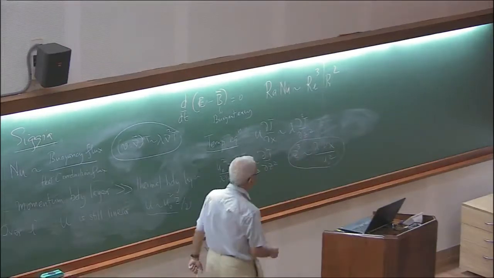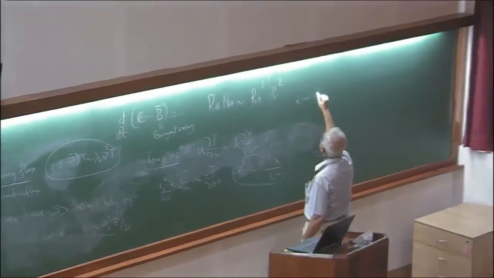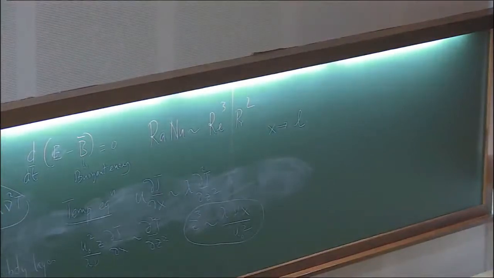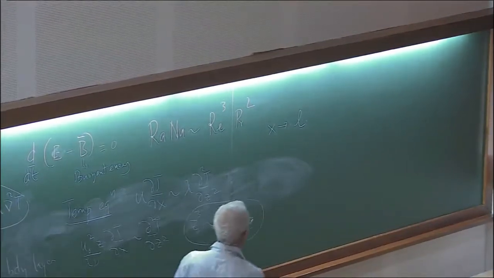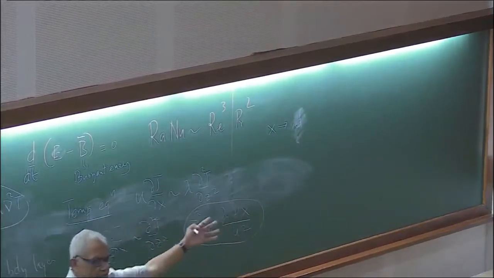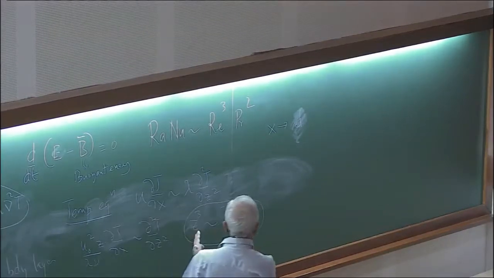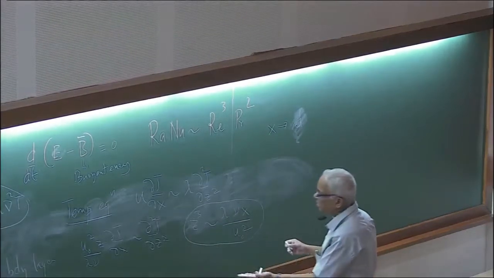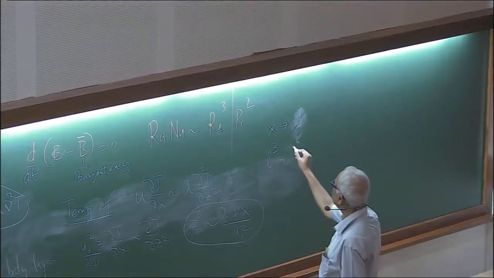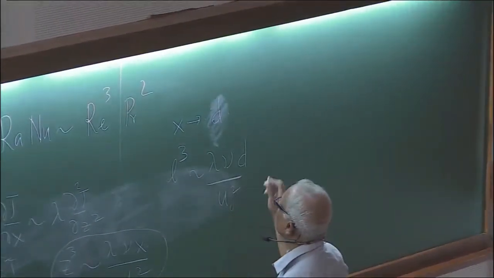So x tending to D, that is, you reach the aspect ratio, the width of the container, by the time you reach that, in Z you reach the height of the boundary layer. So it is L cubed going as lambda nu D divided by u naught squared.